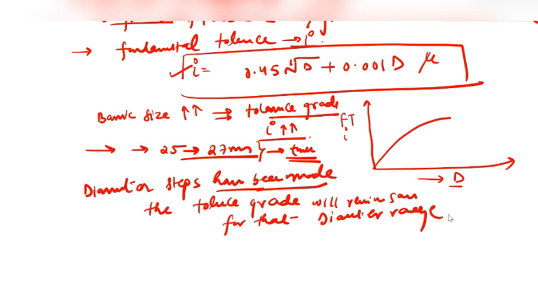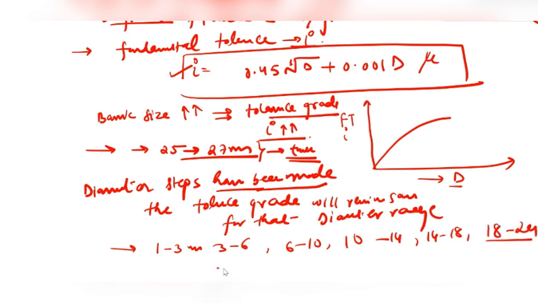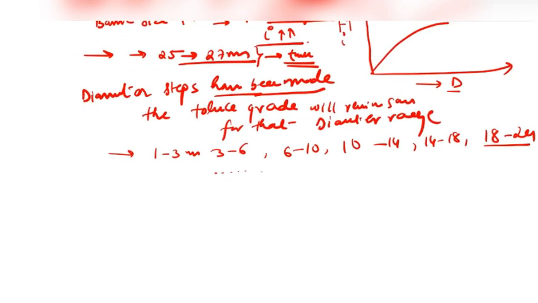So the International Organization for Standardization has divided the diameter steps as 1 to 3 mm, 3 to 6, 6 to 10, 10 to 14, 14 to 18, 18 to 24, and so on. So like this, the ISO has given the diameter steps, and the basic size will be the geometrical mean of the upper and lower limit of the diameter, that is, the square root of d1 and d2.